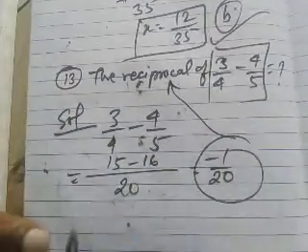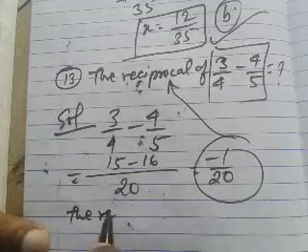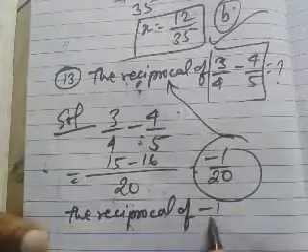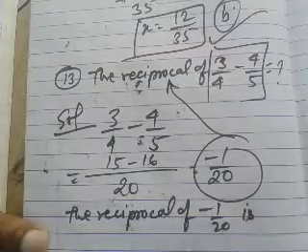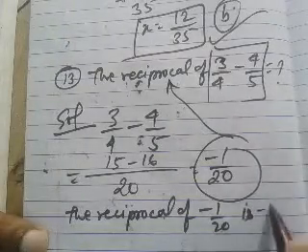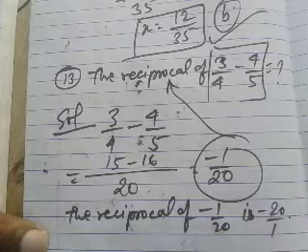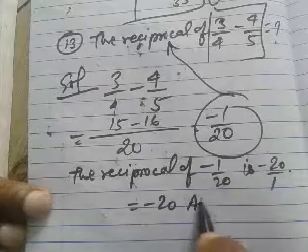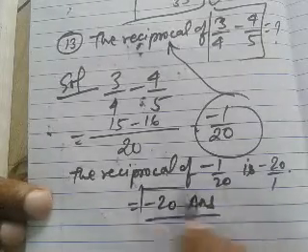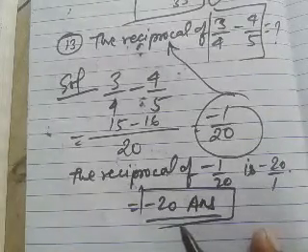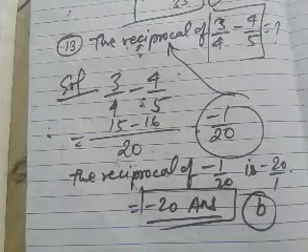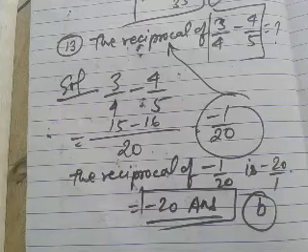So the reciprocal of minus 1 by 20 is minus 20 upon 1, and minus 20 is the final answer. This answer is given in option B in your textbook, so option B will be the correct answer for this question.